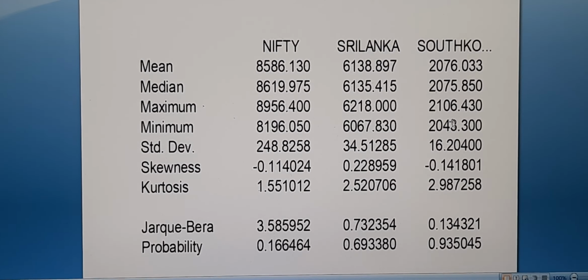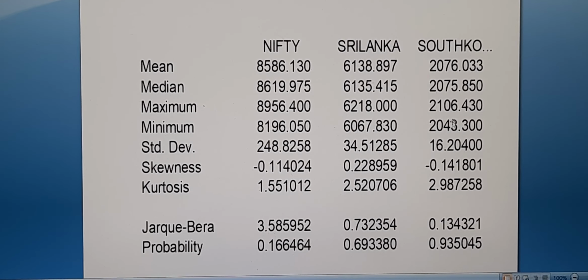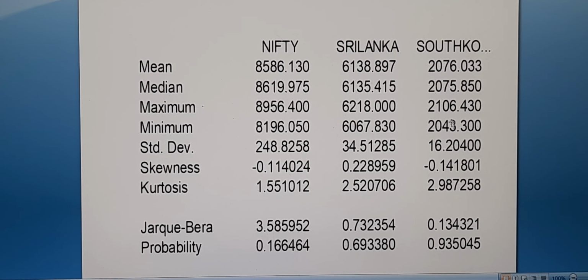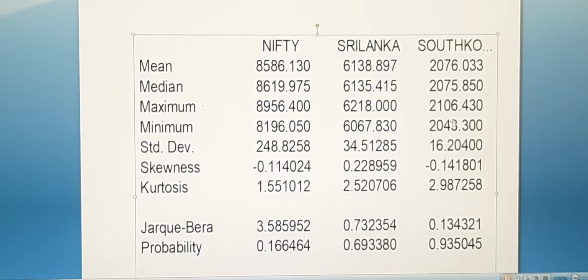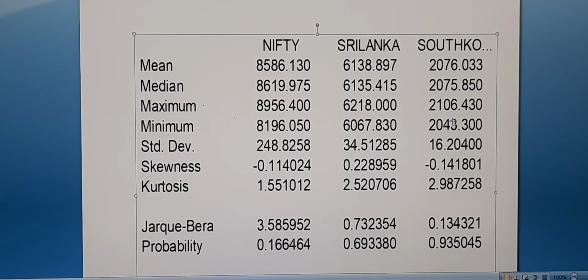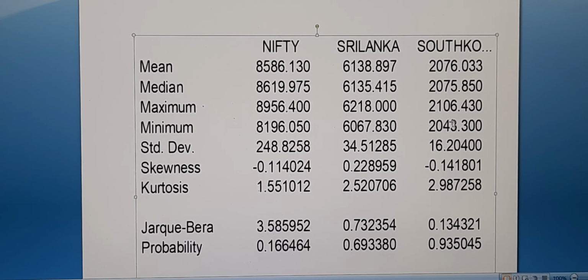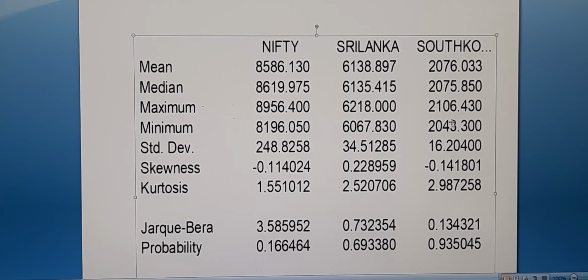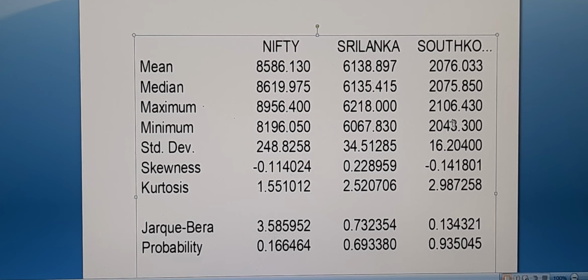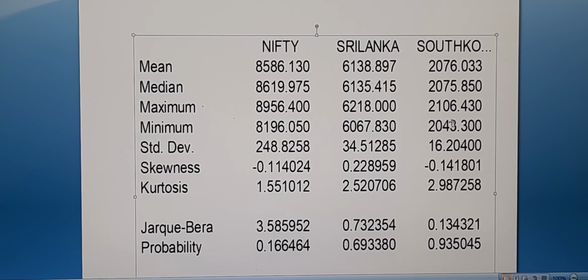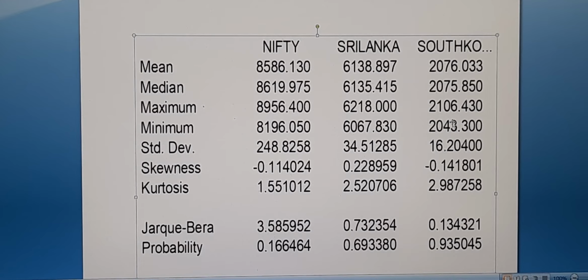So the standard deviation is very high for Nifty compared with Sri Lanka. Now the skewness is 0.22, which is also approximately symmetric, and the kurtosis is 2.520, which is near 3. So there is no sharpness, it is nearly normally distributed.